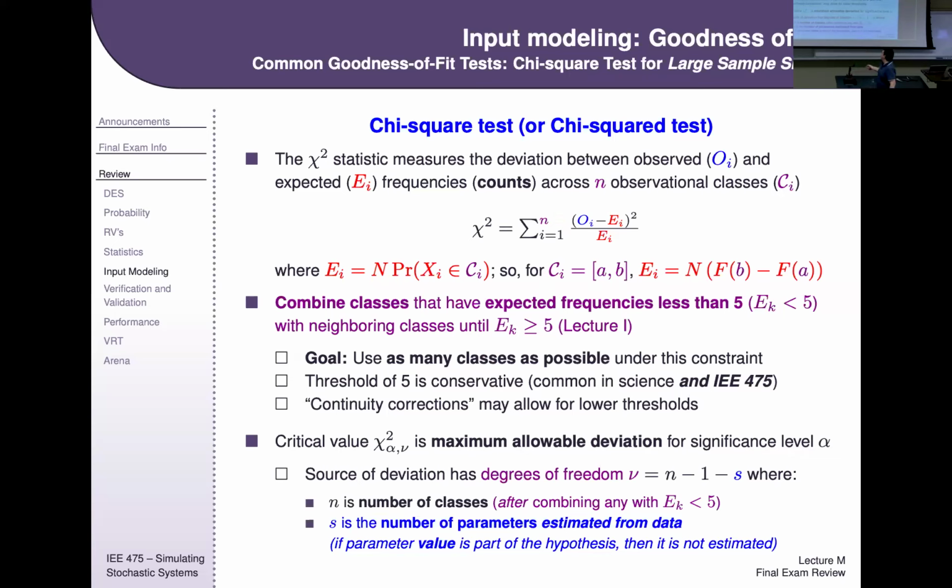So that's where the n-1 comes from. But then once you also estimate a parameter, like, I'm trying to see, is this a good exponential fit? Well, I don't know what the parameter for the exponential is, so I'm going to fit it from the data. At that point, you burn another degree of freedom. So know that the degree of freedom you look up has to do with the number of bins you pick and the number of parameters you estimate. So that's another key difference.